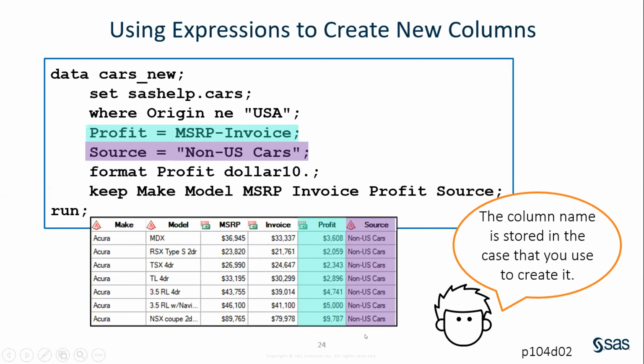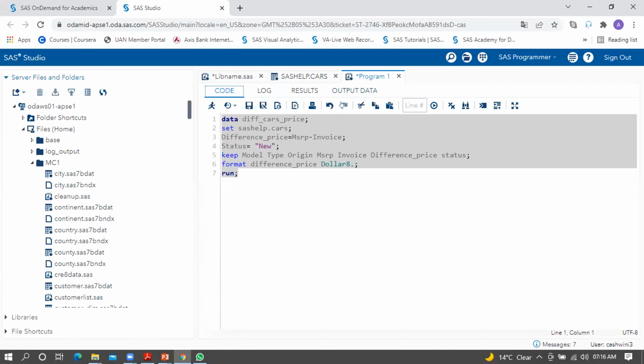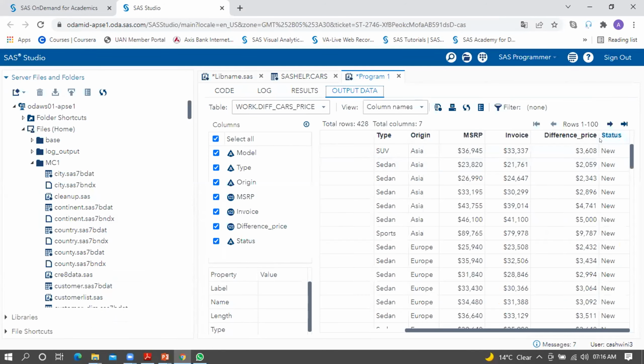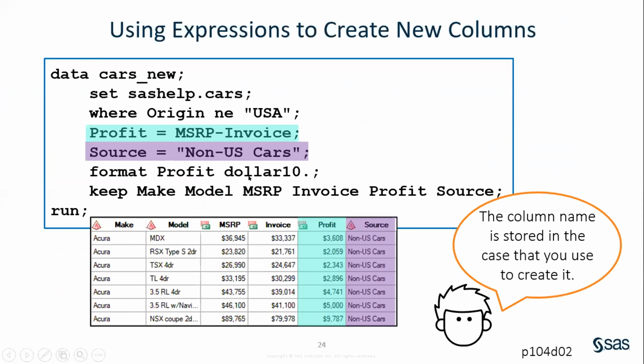In RStudio also, we see these new columns have been created: difference in price and status. If you check here, for the new column status, this icon indicates it's character, showing A, whereas the numeric sign 1, 2, 3 indicates a numeric column, correct? So this is how the instructions create a new column through an assignment statement.